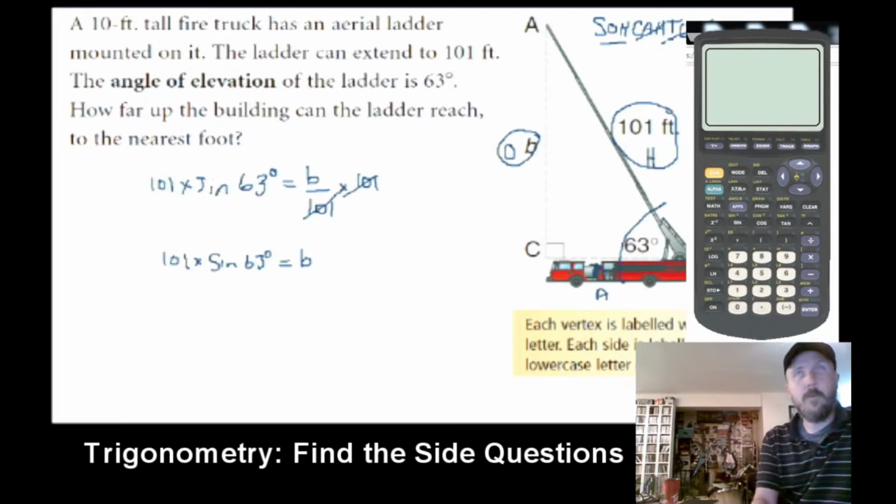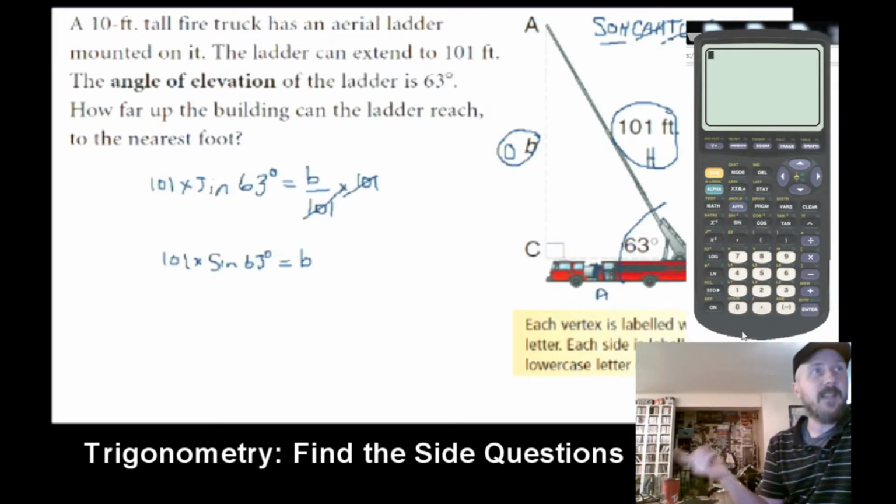Anyways, what we got to do now? We're doing 101 times sine 63. It's as simple as typing it into your calculator. Times sine 63. This one automatically puts the brackets, so I'm going to use them. Enter is my equals, 89.99.